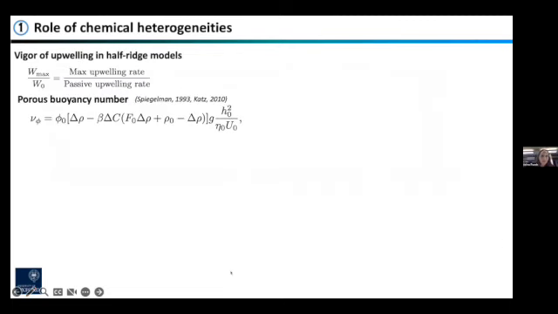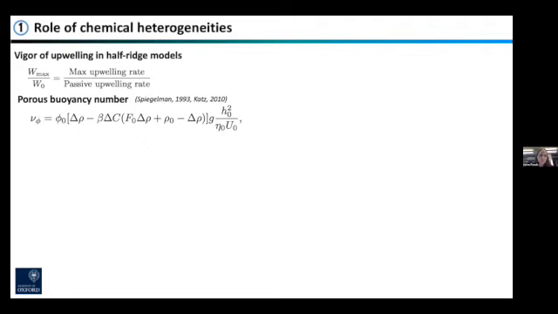So I've performed a scaling analysis, and I just want to show you the summary of it. We can describe the dynamics of the system just using two dimensionless parameters. The first one is the so-called vigor of upwelling, which is the ratio of the maximum upwelling rate, or the maximum vertical velocity, normalized to the passive upwelling rate for the same set of parameters.